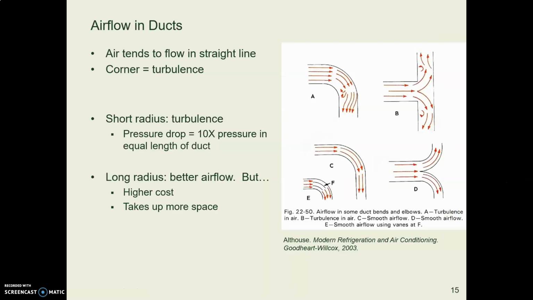Here's an idea that you will see over and over again in your design career. This idea that we want round corners, the bigger the radius the better, in order to prevent turbulence. And you will see this in plumbing. You'll see this in design of plastic parts. If you do plastic injection molding, where the mold machine squirts liquid plastic into a mold, we want round corners.